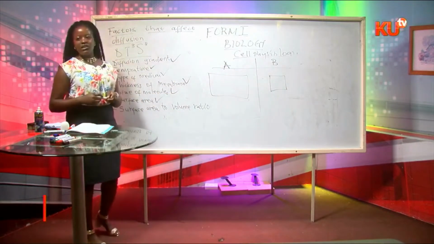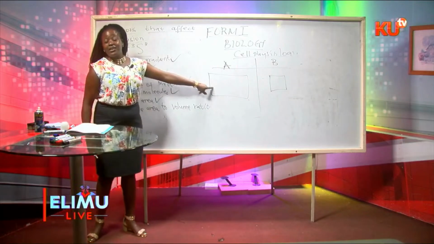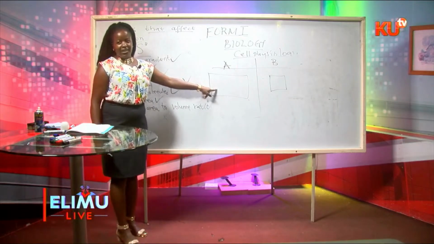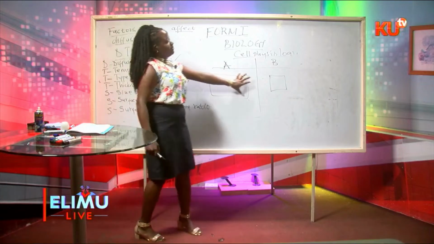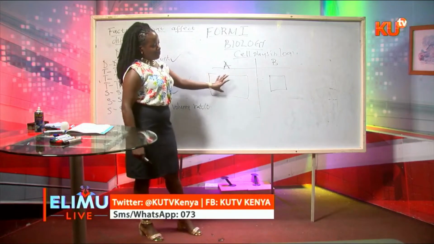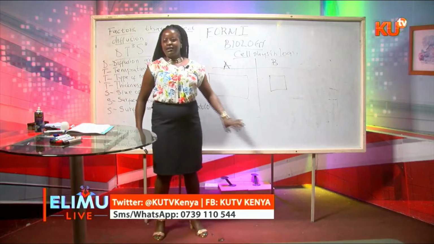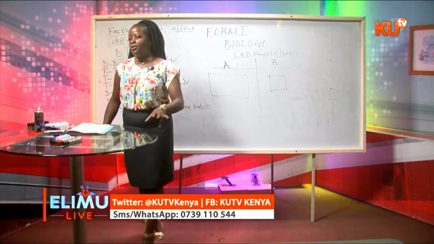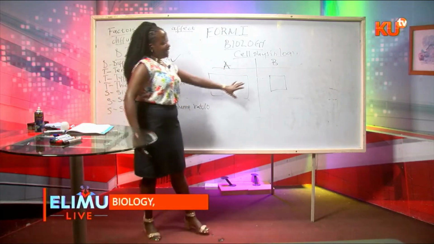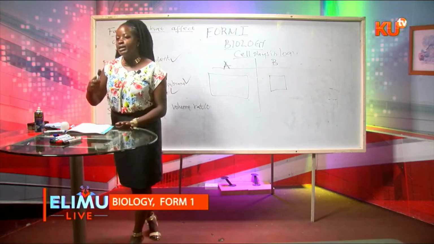The rate of diffusion will be high where the surface exposed is large, because a lot of molecules will be able to get to their region of low concentration. But where the surface area exposed is small, the rate of diffusion will be low. This is because a lesser area has been provided for diffusion to take place.